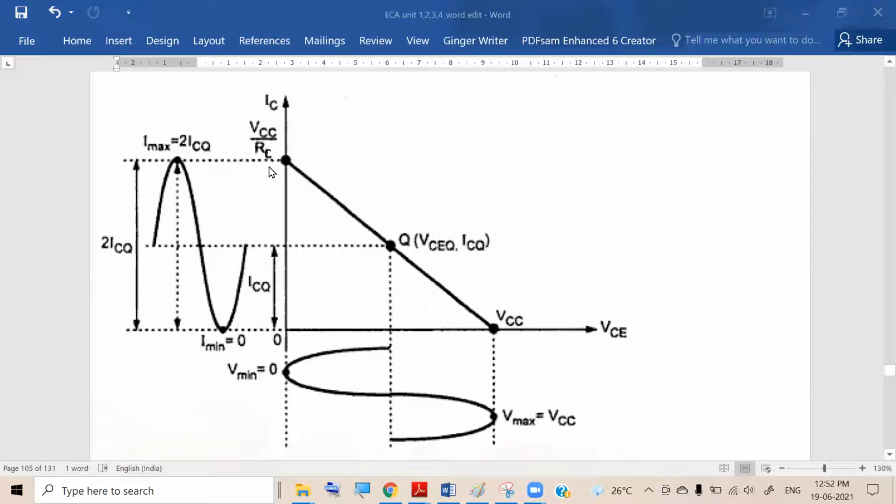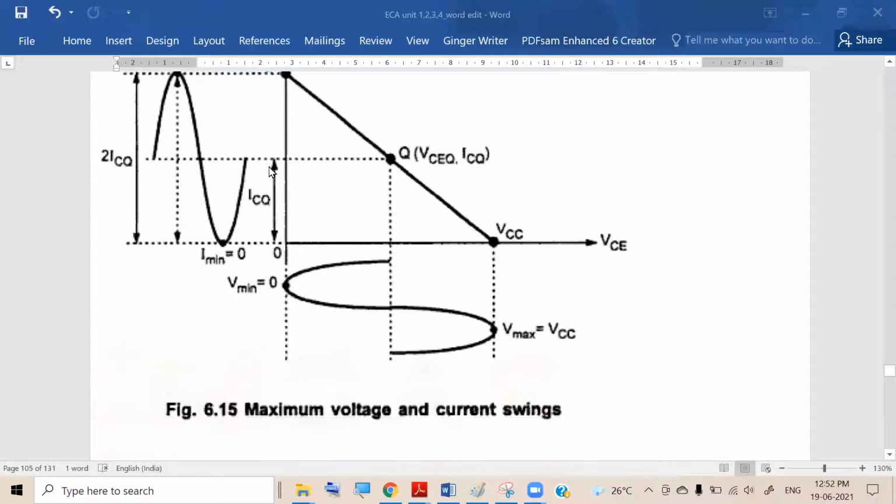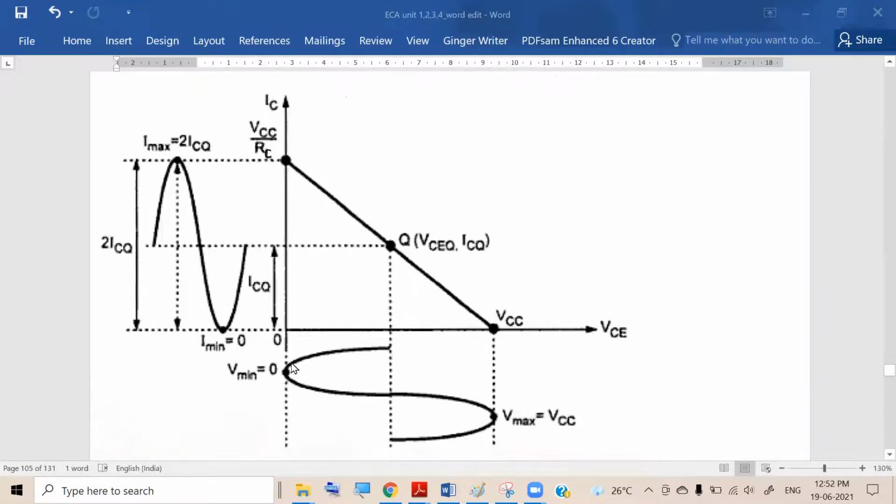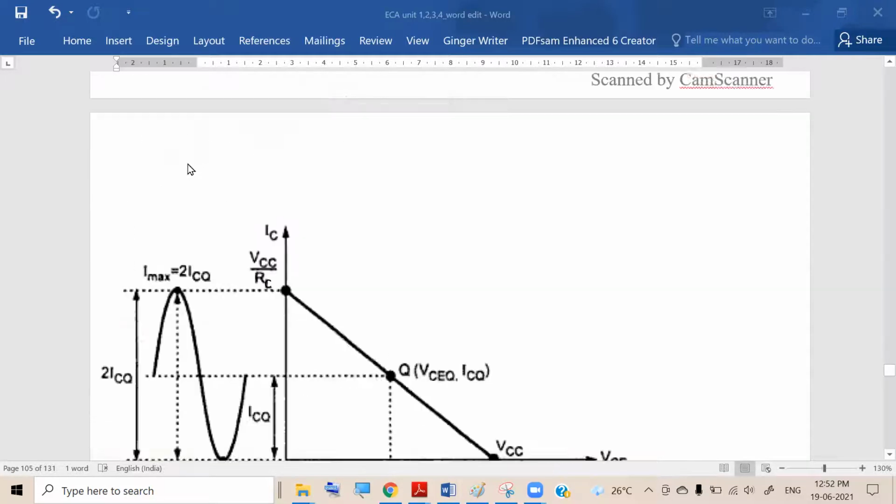So here the maximum IC that we can have is this point, and the maximum VCE that we can have is this point. Straight away we can see Vmax is nothing but VCC. Likewise, Imax, see here.